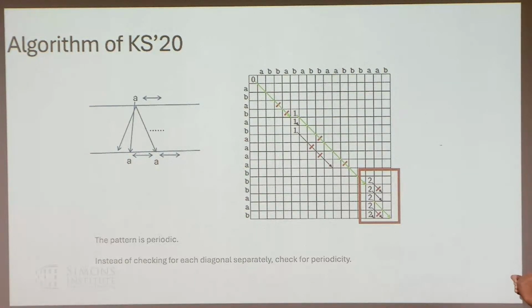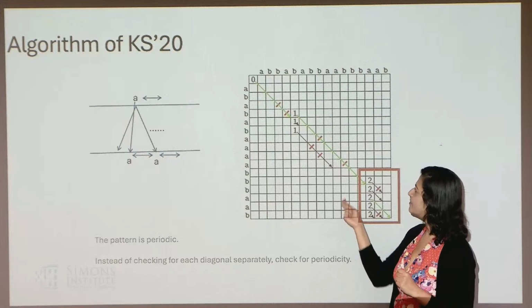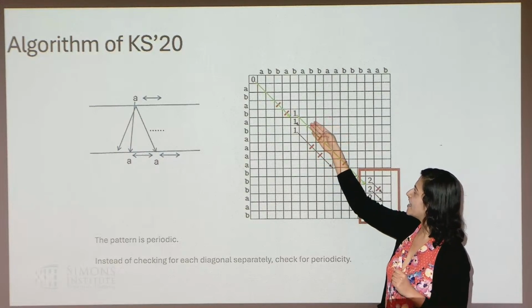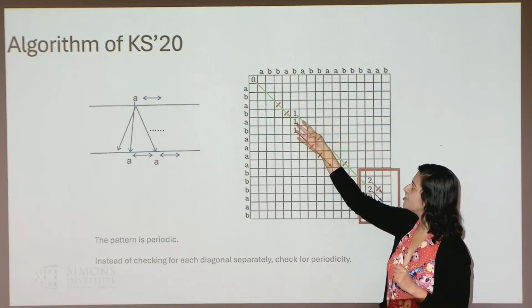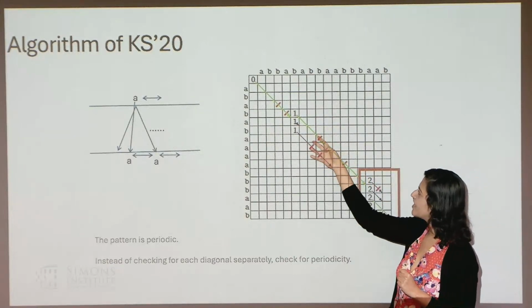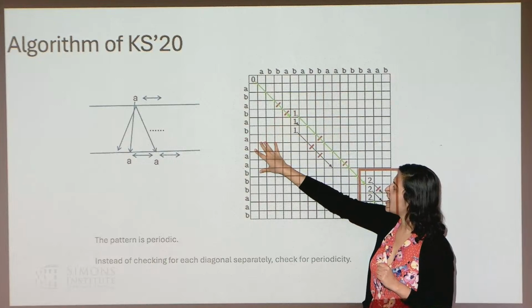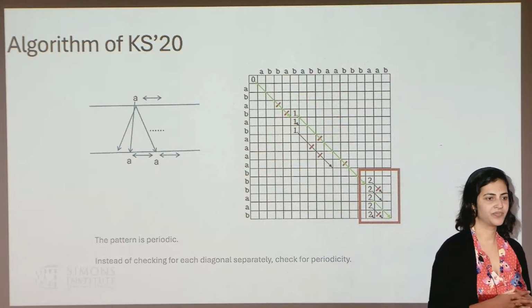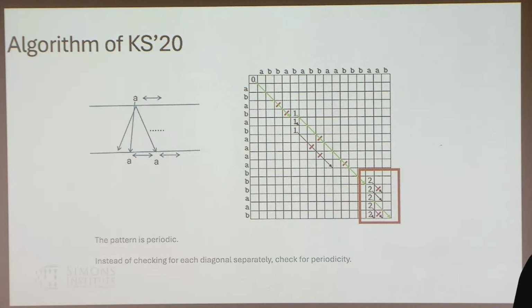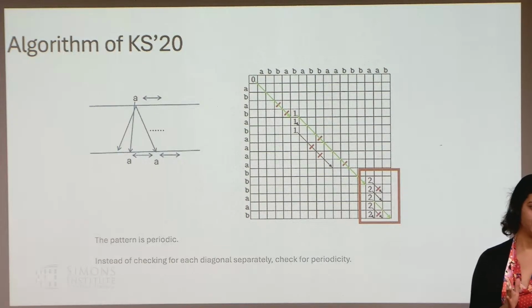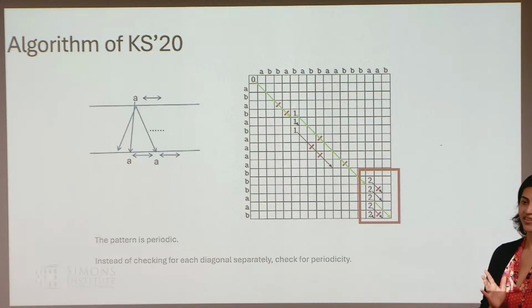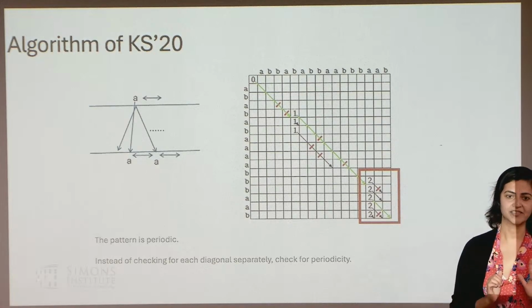But one fact that we observed is that if there are multiple diagonals through which you can proceed your computation, then in fact the strings that we are looking at over there, x and y, are both periodic in nature. It's because it's periodic that multiple diagonals are good at that point. Otherwise, there would have been only one diagonal which would have been good, and I could have just sampled on that diagonal, and that would have given me n over k overall query complexity.